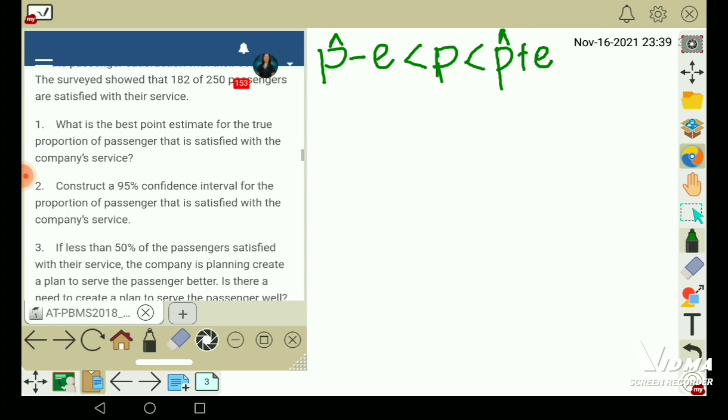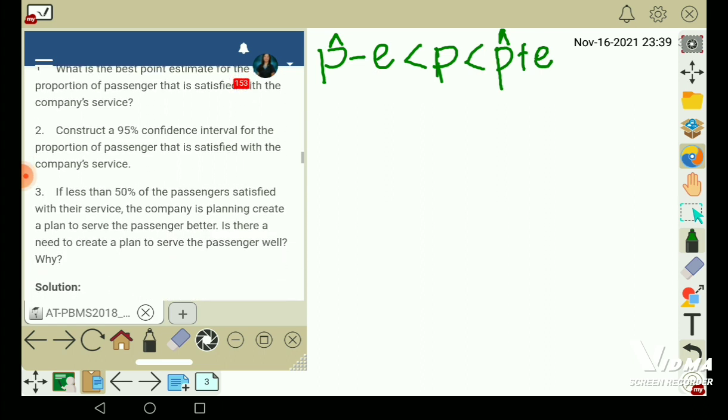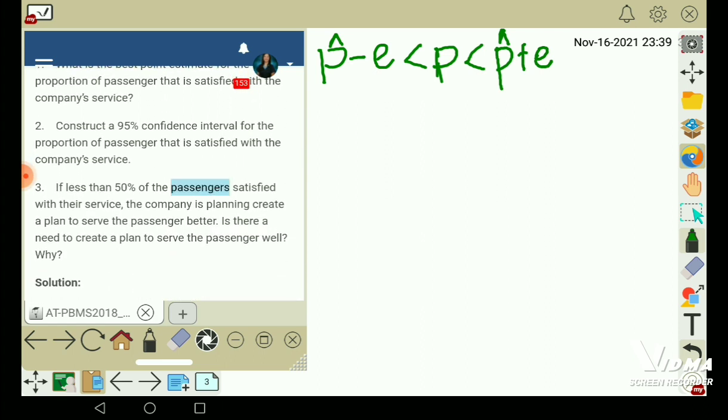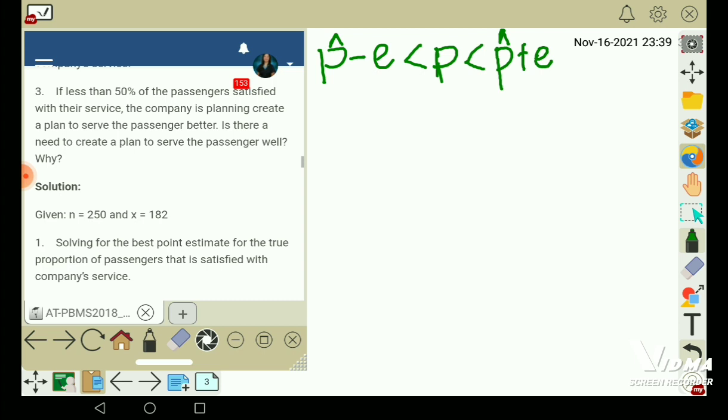So your x will be 182, which is the number of satisfied passengers, and your n, or sample size, is 250, which is the number of passengers that were surveyed.